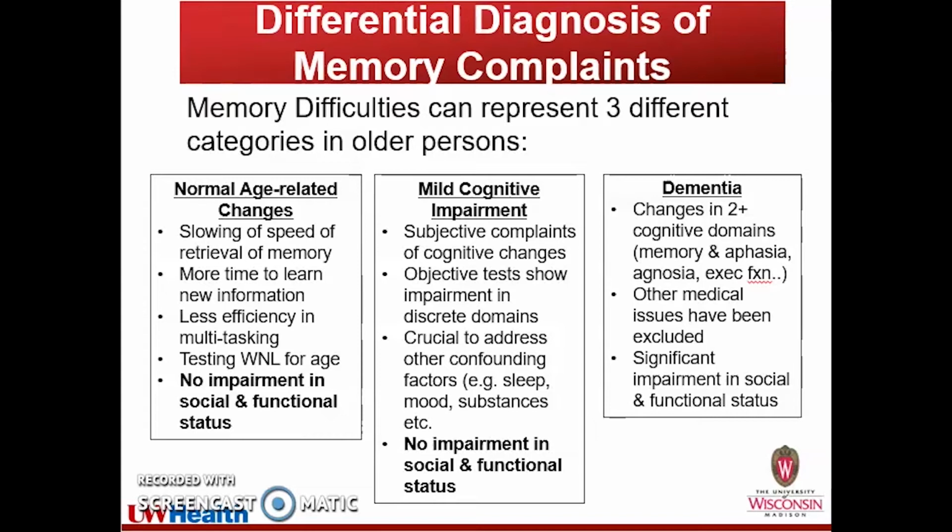Some of them may have confounding medical or substance factors that could be interfering, and with improvement and management in those issues, they may go back to that normal age-related changes bucket. On the flip side, we know that upwards of 10 to 12% per year will convert into the third bucket, dementia, which we'll talk about in a moment.